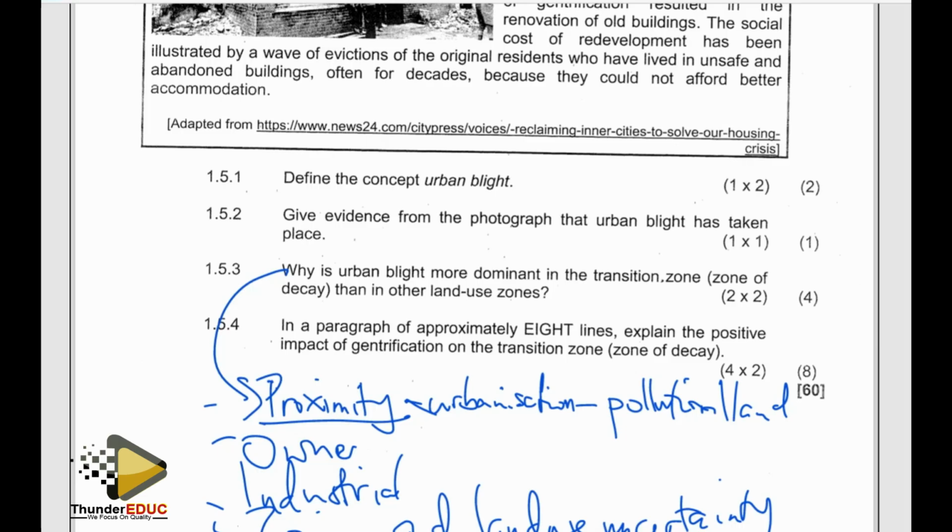For example, if you think of investing, you want to buy a property in the zone of transition, maybe to use for residential purposes. You want to buy a building in that zone, you repair it and you maintain it and use it for residential purposes. What if the function changes? In future, maybe the town planners, they decide that we no longer want residential functions around this area. Land is becoming more scarce.